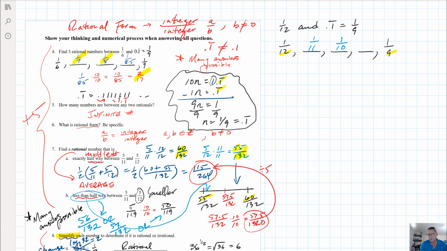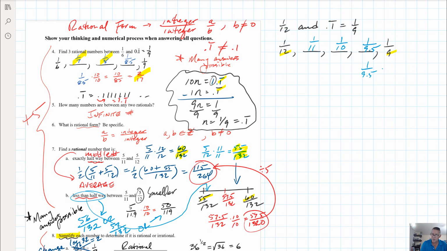There aren't any whole numbers between 9 and 10, so let's use a few decimals. How about 9.5? There we go, there are 3 rational numbers between the two fractions. However, 1 divided by 9.5 is not a rational form because 9.5 is not an integer.